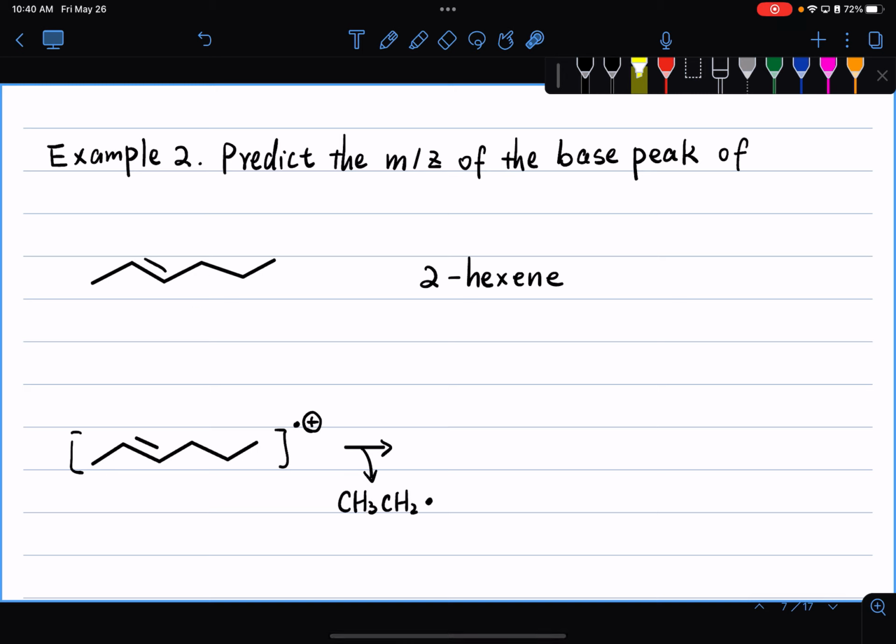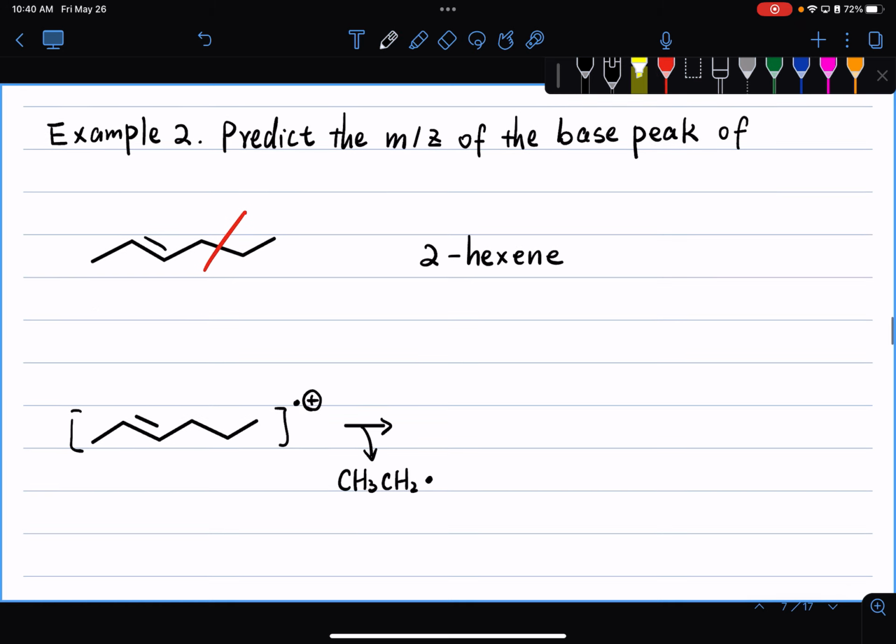The way to think about it is we have allylic bonds. This is the only allylic bond that can be cleaved to form that allylic cation. So we can cleave that allylic bond, and what we end up getting are structures with the allylic cation that's stabilized by delocalization.